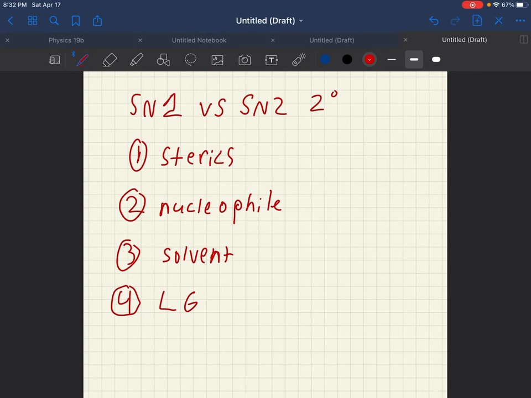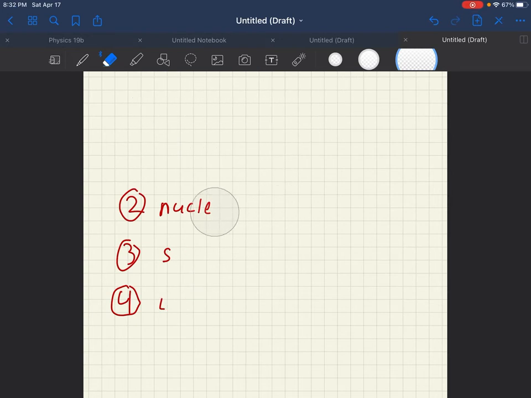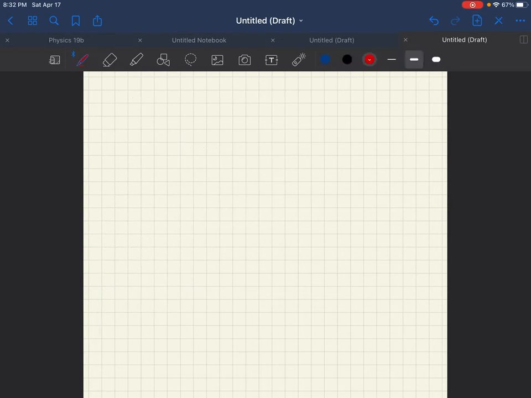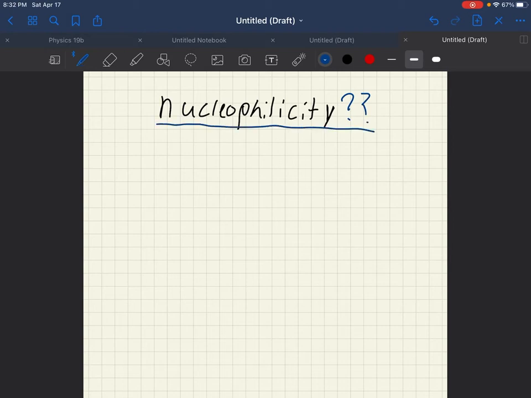Let's now look at what makes a good nucleophile, so we can cover that second step, because we already went over the sterics. Nucleophilicity. There are a few things to remember for what makes a good nucleophile.